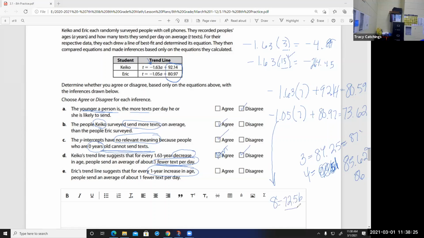We would have had 73.62. So we're gonna say about 74, and then it came down to about 73. So let's say with a 1 year increase, we get 1 fewer text message. We would agree with that.